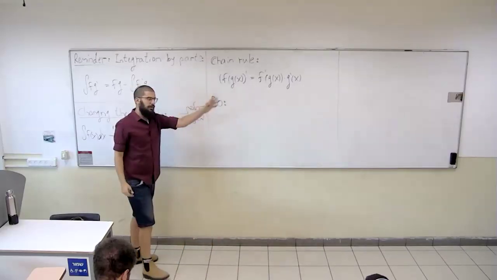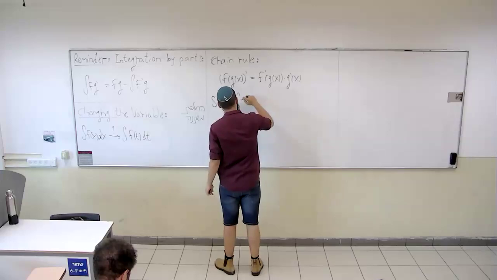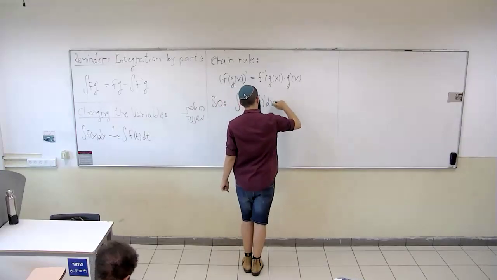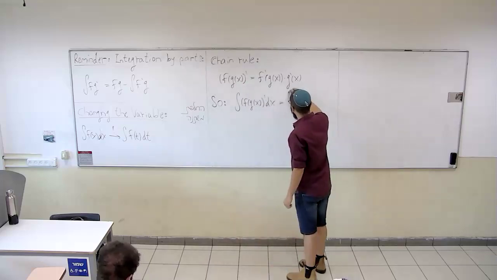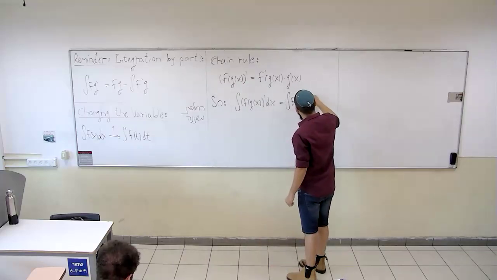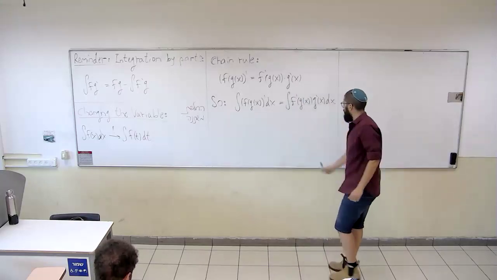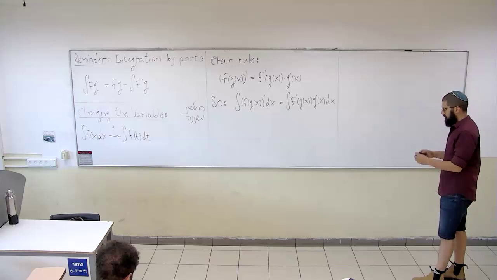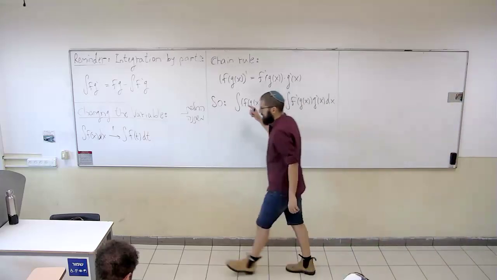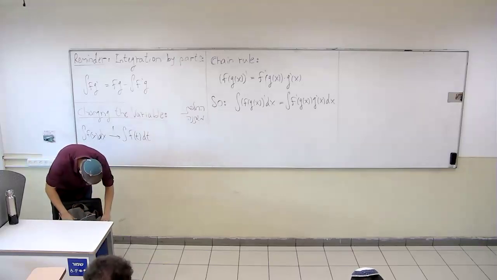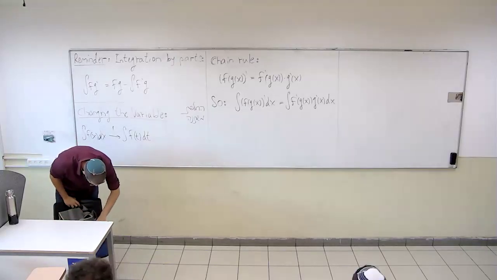If we put the integral on both sides, we get f(g(x)) and the integral of f'(g(x)) g'(x). And you already know that the integral and the derivative, generally speaking, cancel each other.